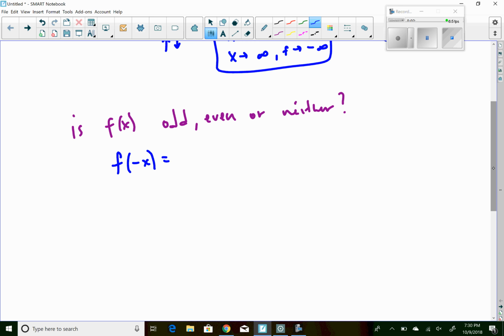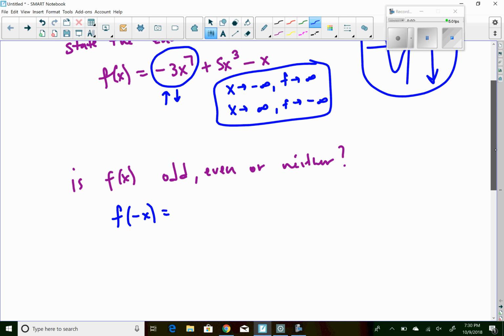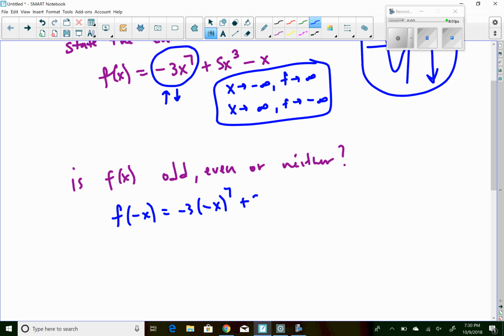So I'm going to have a negative 3 times negative x to the 7th power plus 5 times negative x to the 3rd power minus negative x.